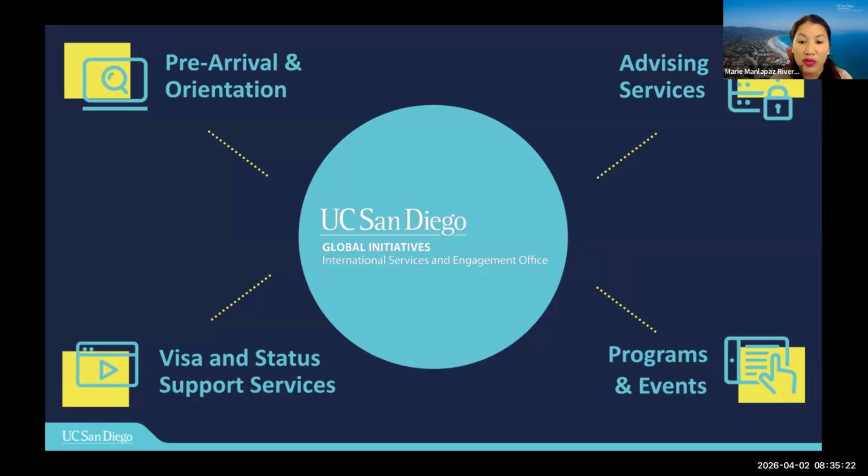To do so, we offer virtual and in-person advising, process immigration documents, and a number of other services in addition to that. We also offer a number of events to cultivate a globally engaged community here at UC San Diego. Our vision is to foster an inclusive and globally engaged university where all members of the international community have equitable opportunities to achieve their academic, personal, and professional goals that cultivate a culture of global citizenship.